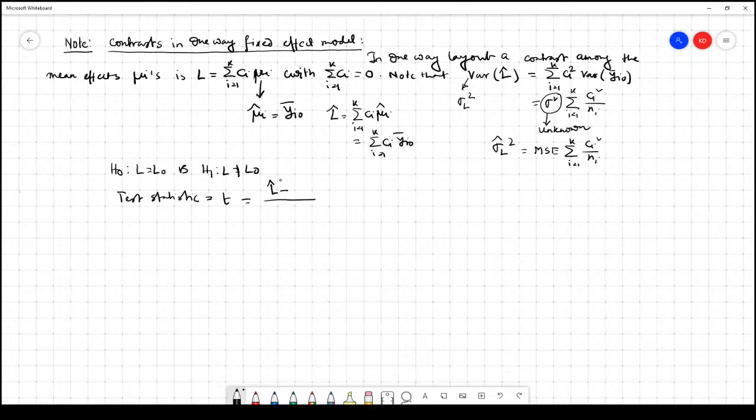So L hat minus L naught over root of MSE sum over I from 1 to k Ci square by ni follows a T distribution with n minus k degrees of freedom when H naught is true.